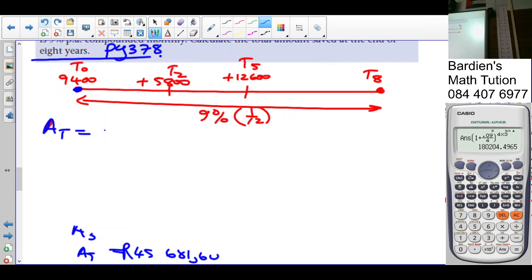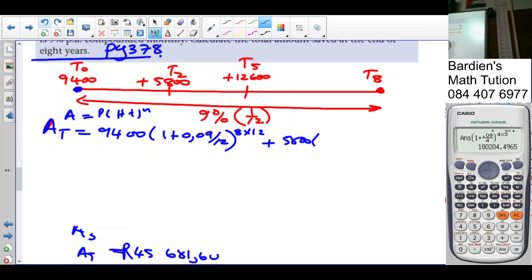So what we say is 9,400. First the formula, of course: P into 1 plus i to the exponent n. You don't have to write it. So it's into 1 plus 0.09 over 12. And how many years is that for? 8 years. It was a deposit, so it's a plus 5,800 into 1 plus 0.09 over 12 to the exponent 12 times.